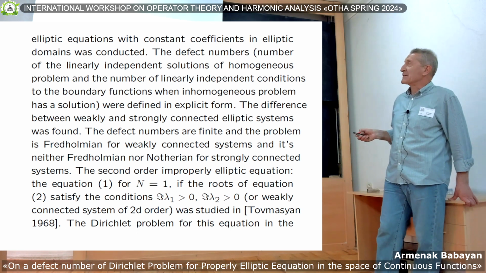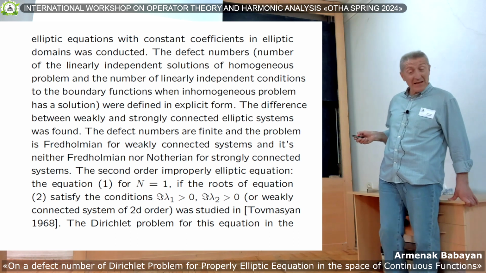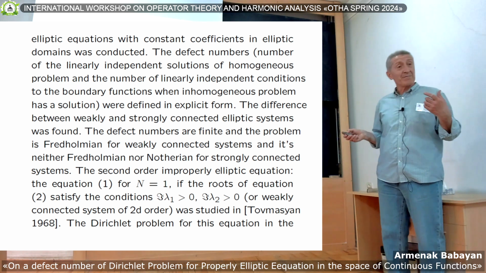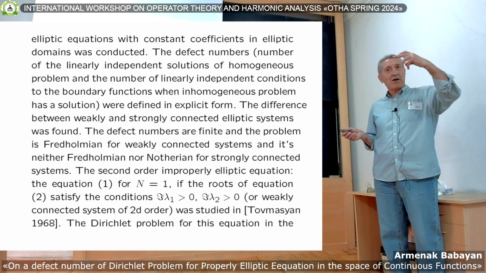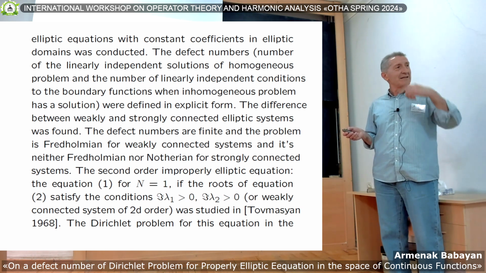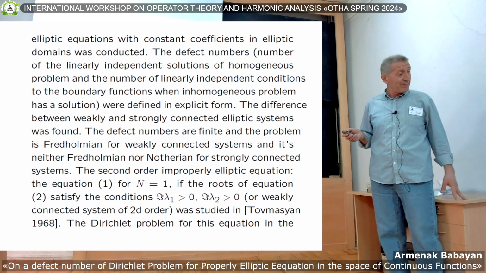The defect numbers are finite, and the problem is Fredholmian for weakly connected systems, and it is neither Fredholmian nor Noetherian for strongly connected systems. In our formulation, we suppose that the number of the complex roots is the same in the upper and lower half planes.